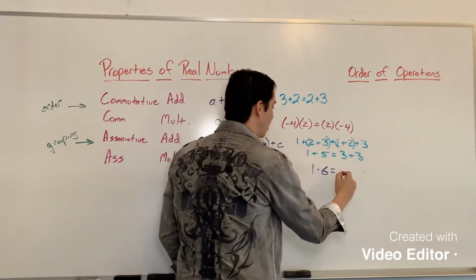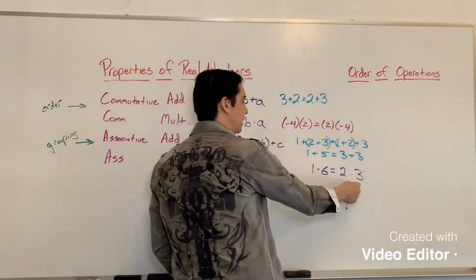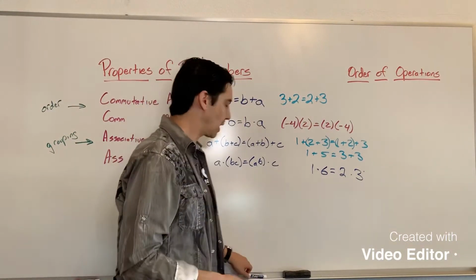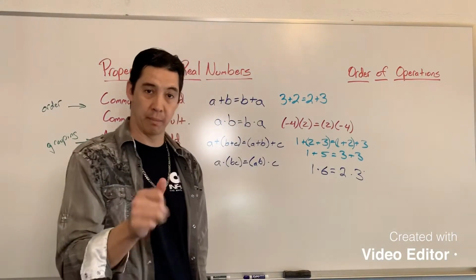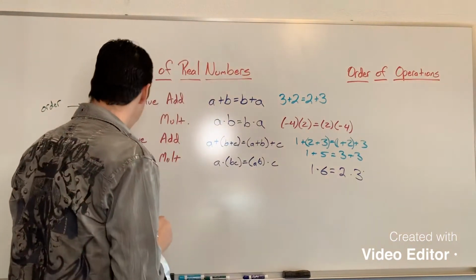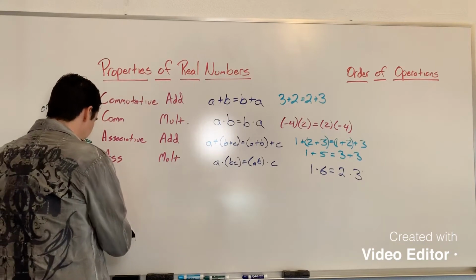And 1 times 2 is 2 times 3. And we notice 1 times 6 equals 2 times 3. It doesn't matter how we group them together. So that's the commutative and associative property. Commutative, order; associative, grouping.